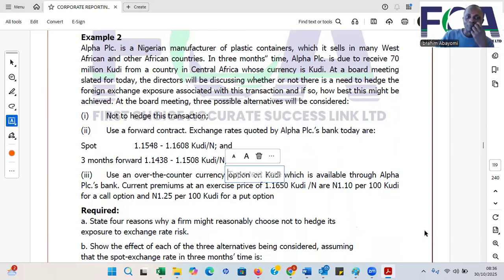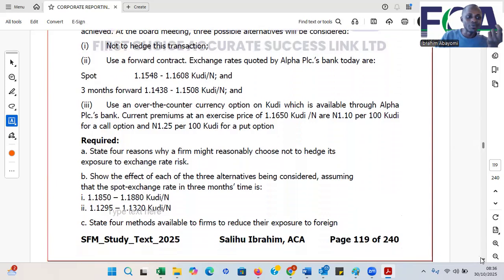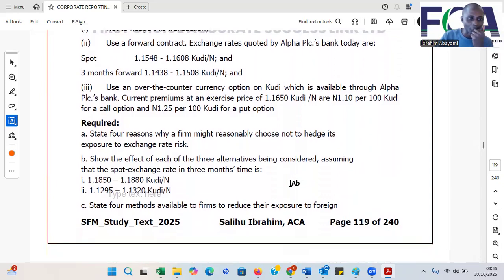Now, we are not converting at this rate because our transaction is taking place in 3 months' time. And in 3 months' time, our exchange rate has moved to 1.185 to 1.188, or 1.129. Now, the bank will say, okay, you want to sell 70 million kudi to me.